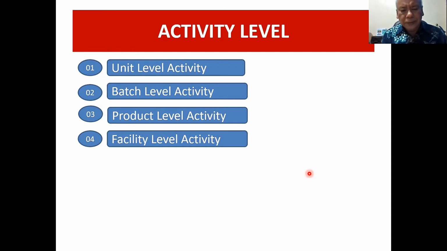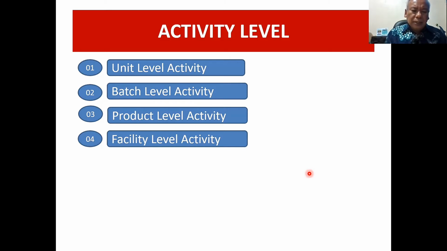So in this case, providing the electricity is a unit level activity. So the more machine time, the more electricity consumed, and then we will pay more electricity expenses.